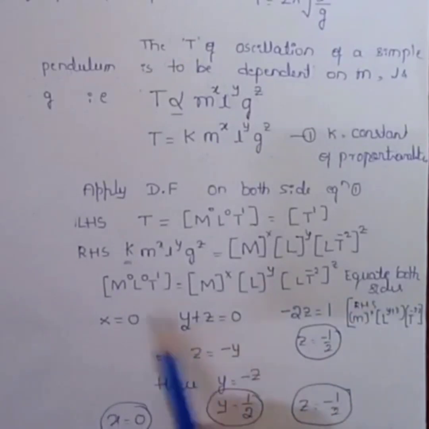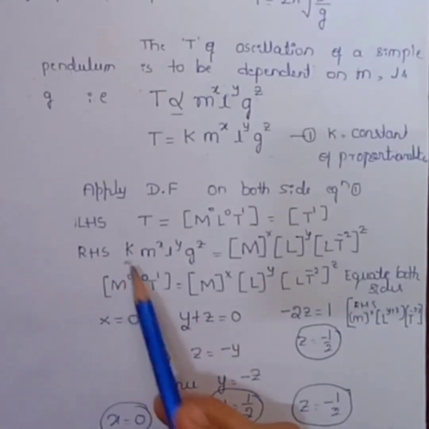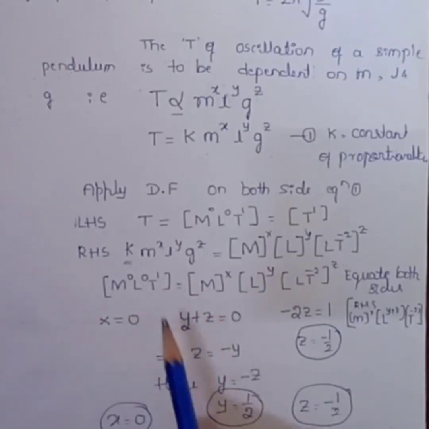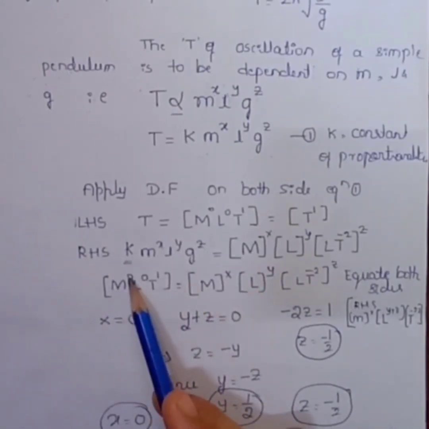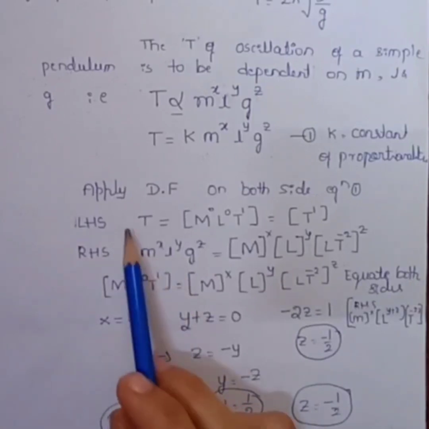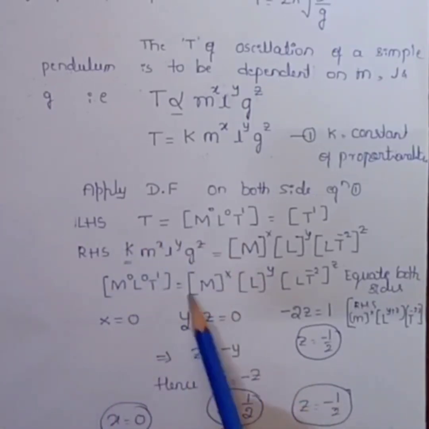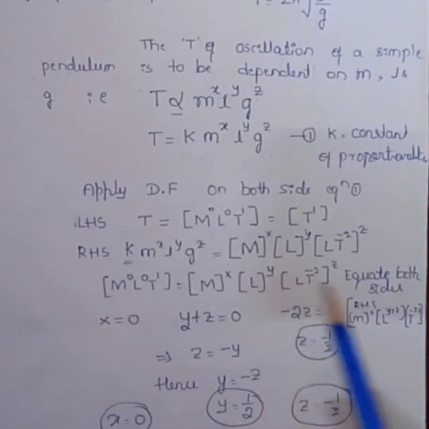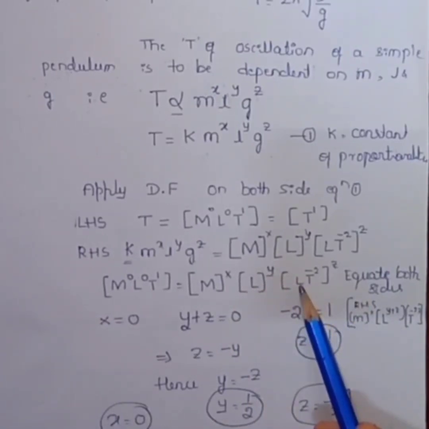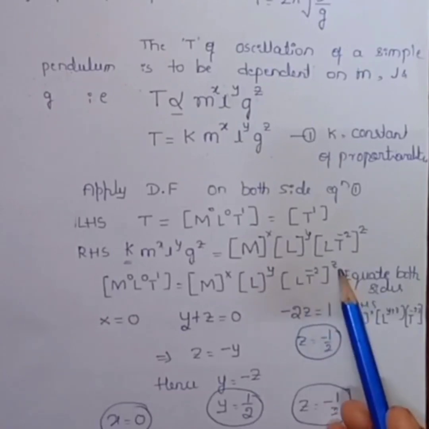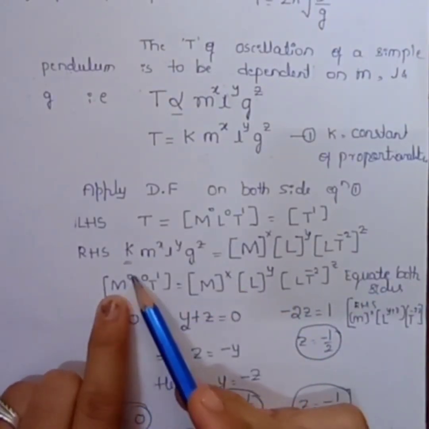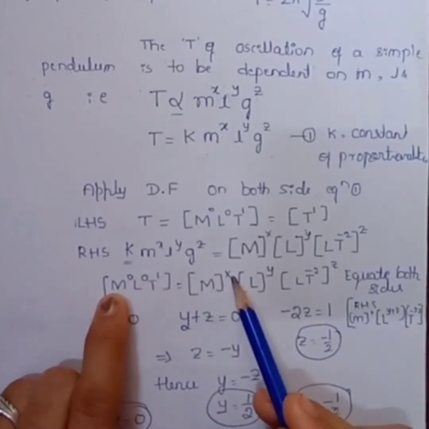Now see, LHS and RHS part, just equate both the sides. Then it becomes M⁰L⁰T¹, that one is the LHS part, and the RHS part can be written as M to the power of x, L to the power of y, LT⁻² all to the power of z. Here see, M to the power of 0 is there, here M to the power of x is there.